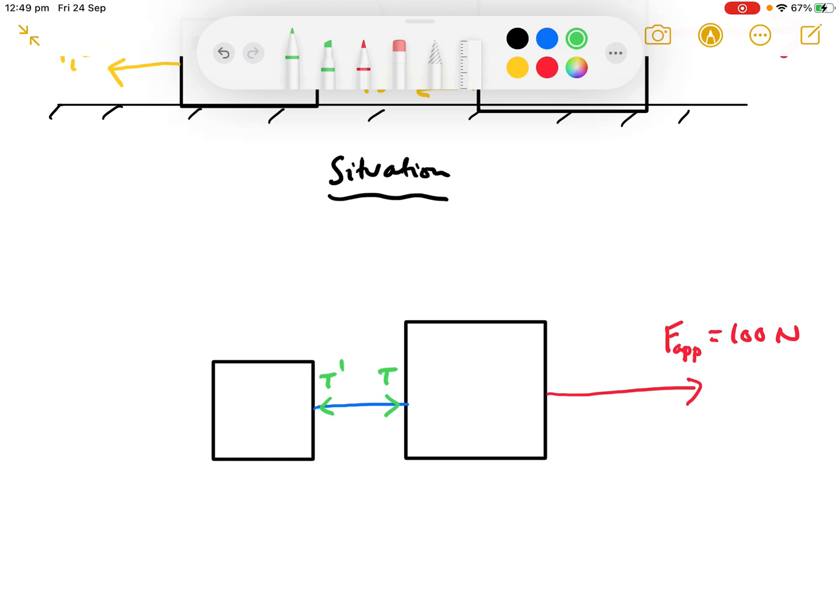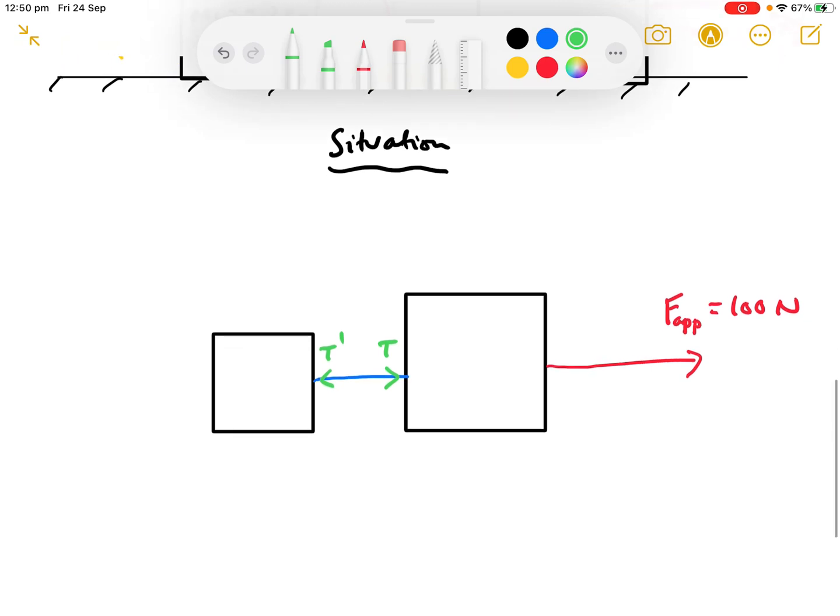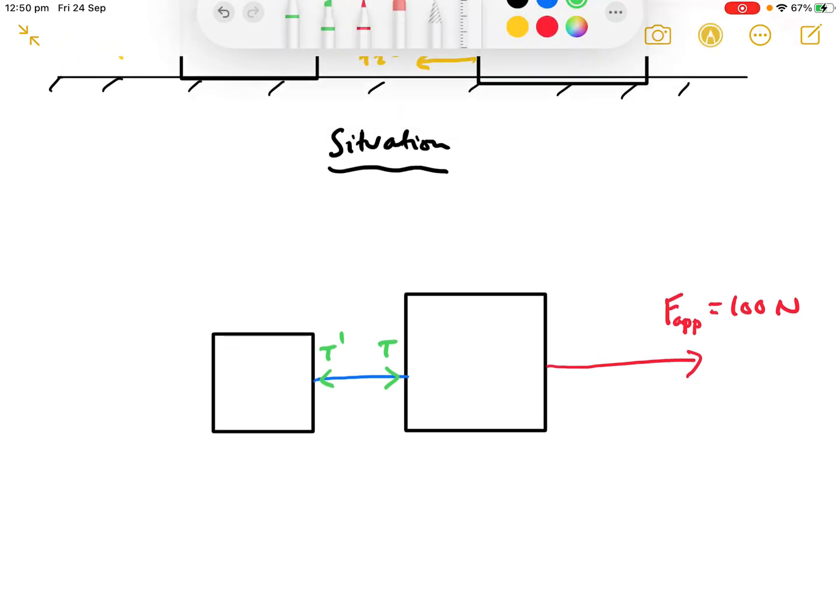Now these two forces don't balance each other, although they're equal and opposite. They're a Newton 3 pair, so they're acting on different bodies, and two forces acting on different bodies can't balance each other. You can only have two forces balancing if they act on the same body.